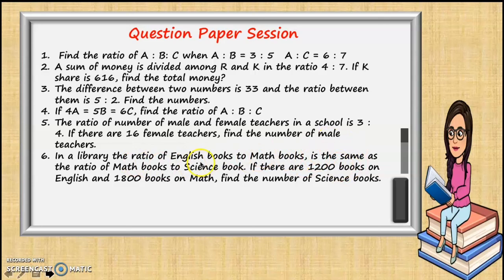Since math, English and science are in the same ratio, in place of English books, put the value as 1200. In math, 1800 is to, again math is to science, right? Again in the place of math, put 1800. In place of science, take it as x. And now follow the key point, that is multiplying your extremes and multiplying your means. Doing in such way, you will be able to find out the total number of science books.